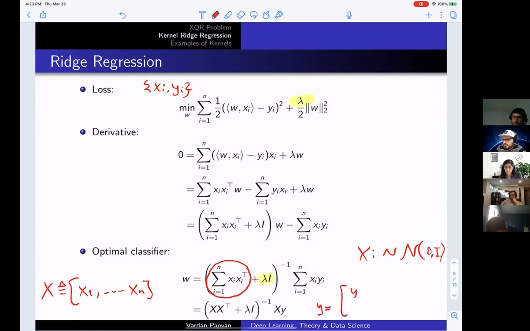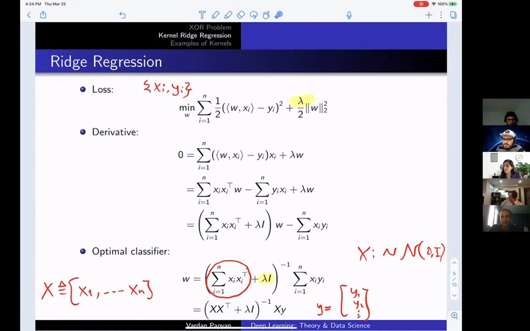So it's just y1, y2, and so on, right? So if you remove this lambda identity, this is literally linear algebra, systems of equations that we love and cherish, okay?